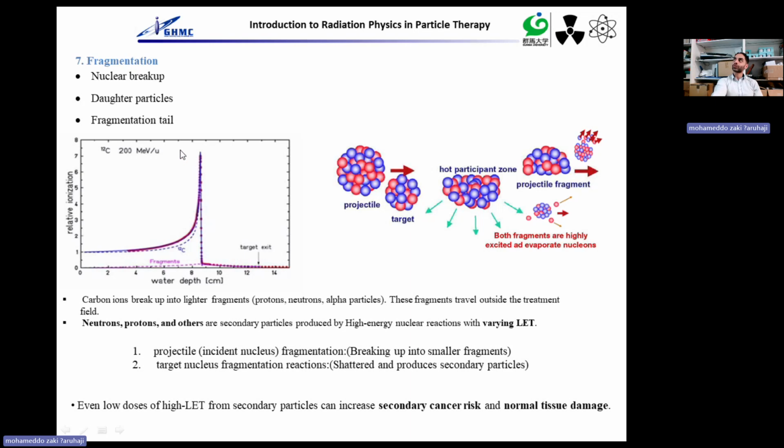This is the area where the tumor is here. If I want to put the tumor here, and I will put collimators and shift it a little bit closer, so my tumor is going to be here. So this area is going to be shifted closer too. Does that make sense?